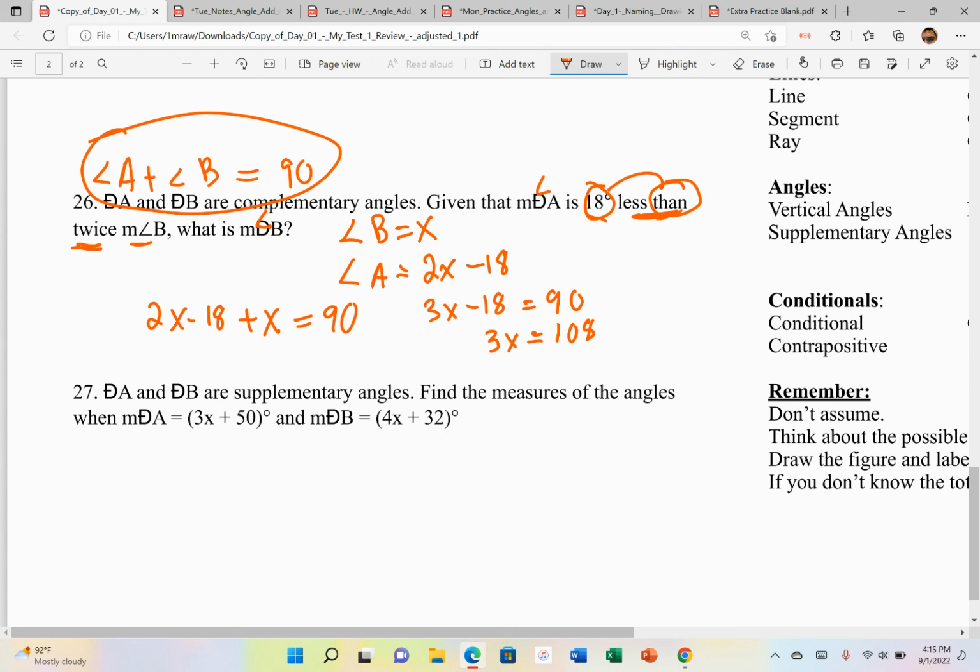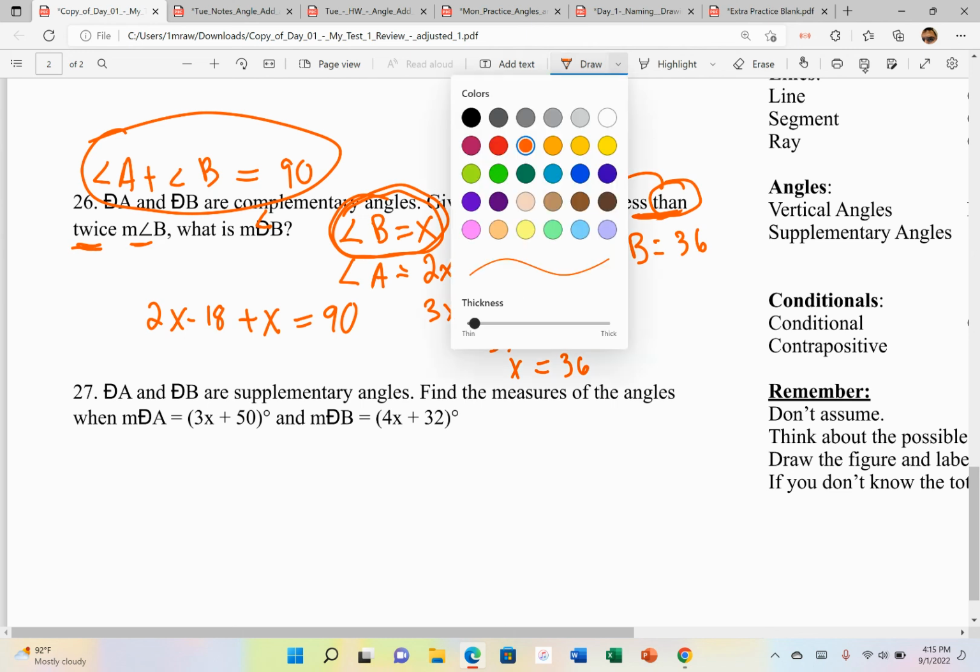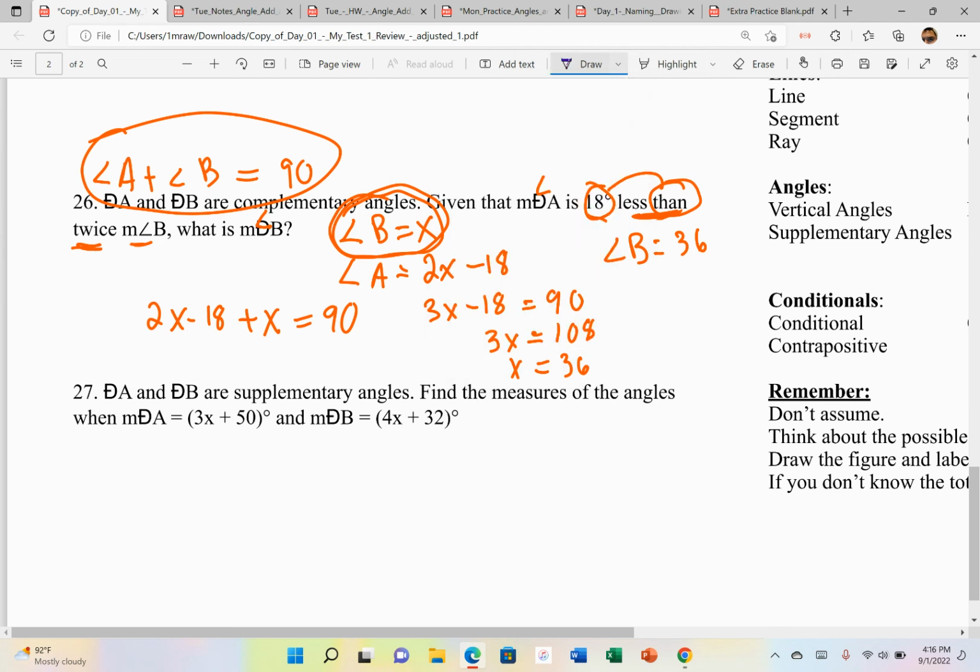And then x equals 108 divided by 3, 36. Okay? And x represents B, right? Isn't that what we said? So therefore, angle B equals 36. Okay? All right, next one.